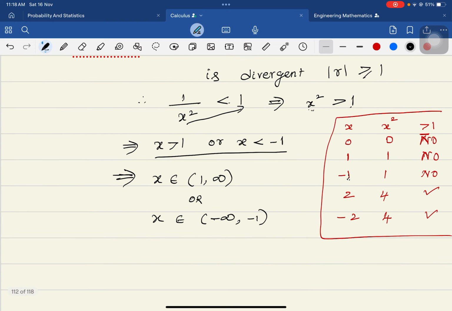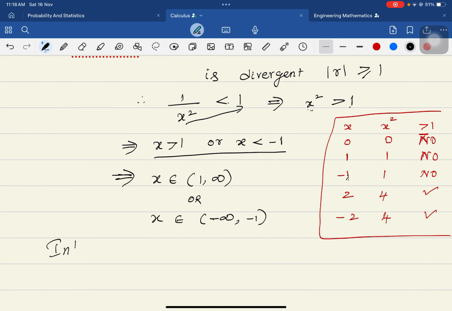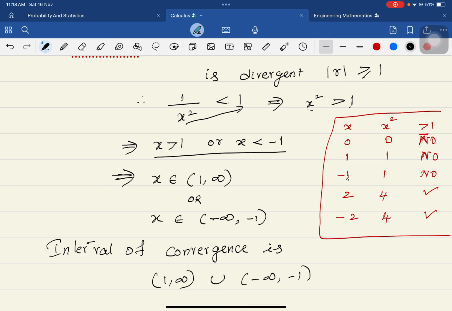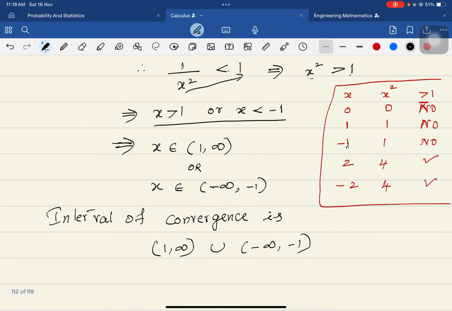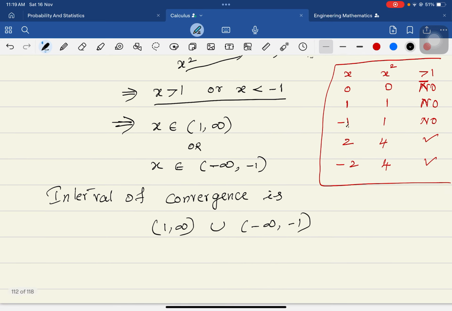So what is the interval of convergence? The interval of convergence of the series is 1 to infinity union minus infinity to -1, or the other way: first write minus infinity to -1 union 1 to infinity.